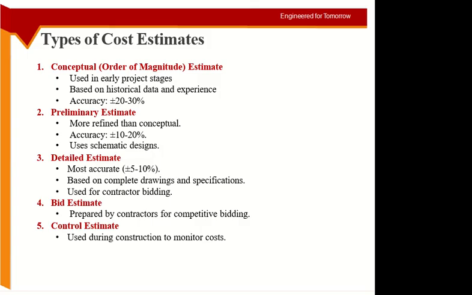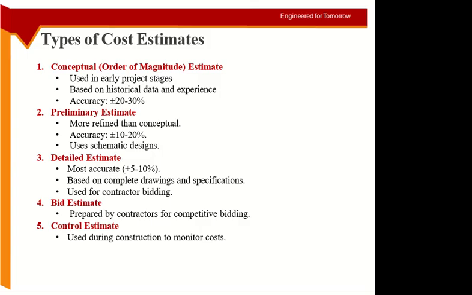Okay, so as you move along the project, as the project is moving forward, it is progressing, the cost estimation becomes more and more detailed. It becomes more and more micro scale. Okay, you start looking at each and every detail of your project.